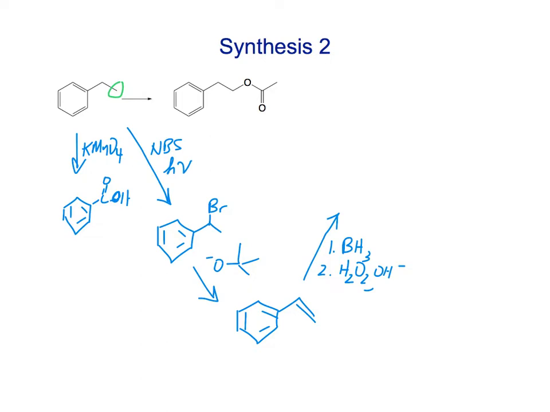It puts the OH at the less substituted position, out here. And then just like last time, we could form the ester, and maybe the easiest way is to use this acid chloride and pyridine.